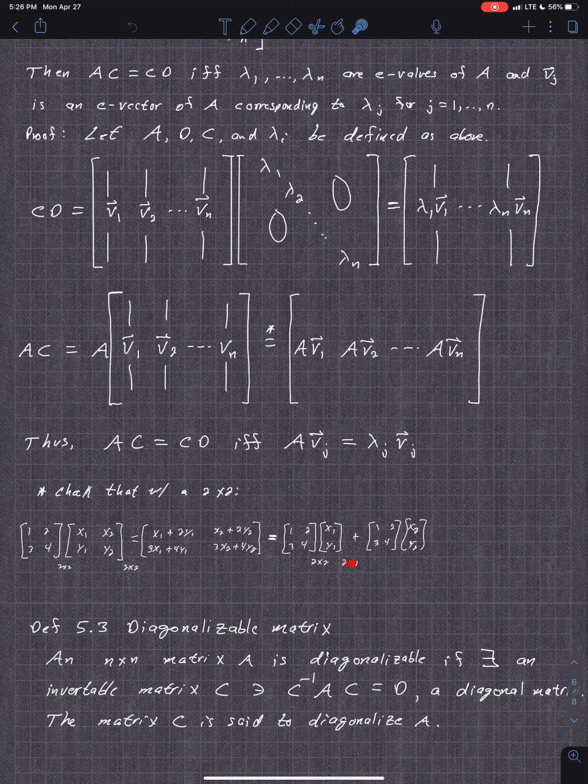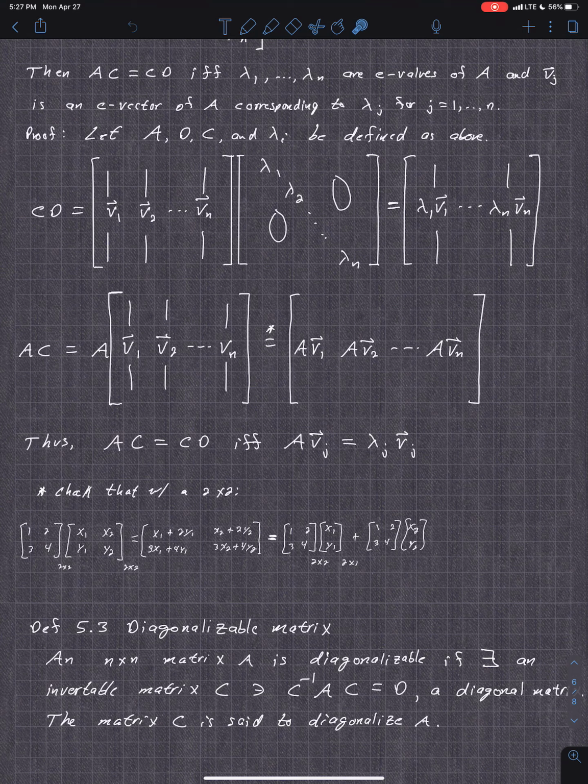I don't know if you can read all that very well, but just do a little 2 by 2 and see if you can break it up to see that it's actually those vectors. Like this is your A, this is your V. You can see that you get that matrix. If you add those together, then that's what you're going to get. You're going to get these column vectors like that. So check that with a 2 by 2 to see how you get this form.